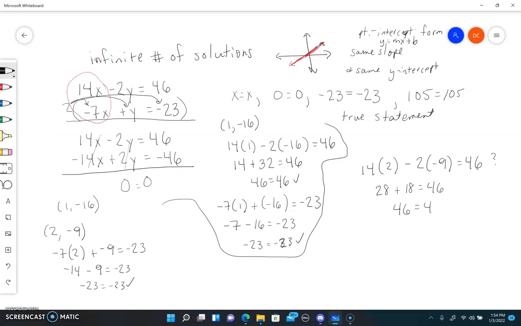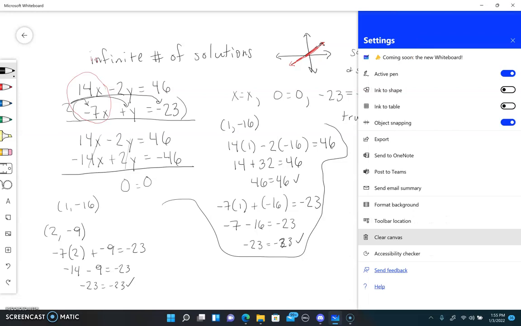Yep, 46 equals 46, right? And that's going to be true. That's what you get when you have an infinite number of solutions: any point that works in one equation will work in the other one. They are essentially the same line. Okay. And again, like I said, if you put it in slope-intercept form, you would have the same slope and the same y-intercept.